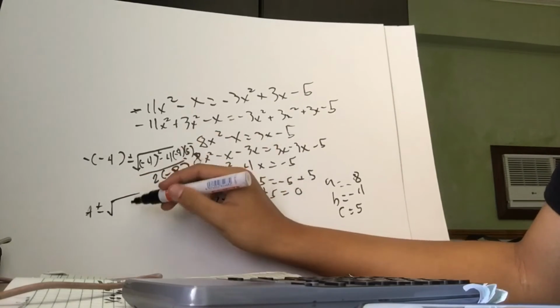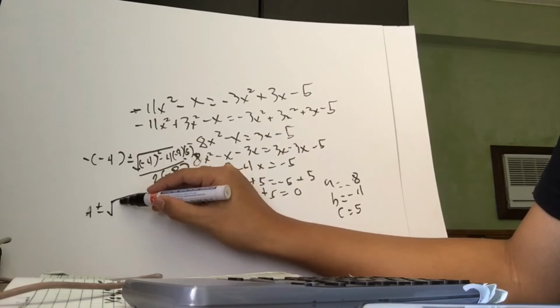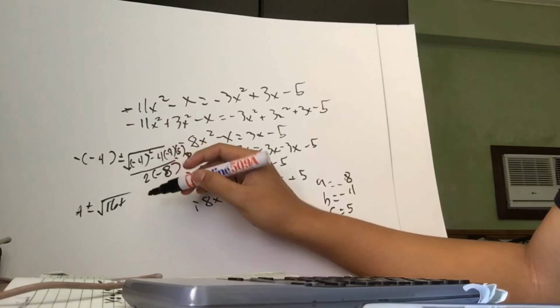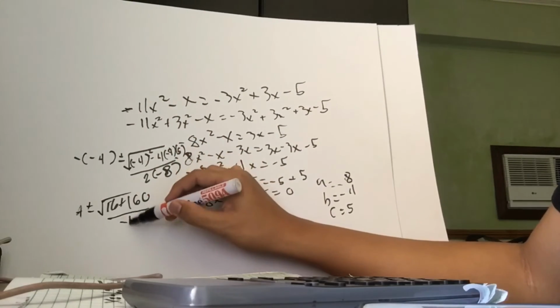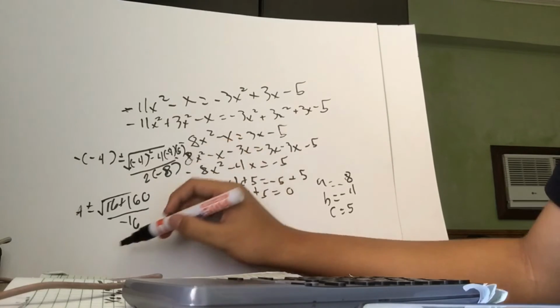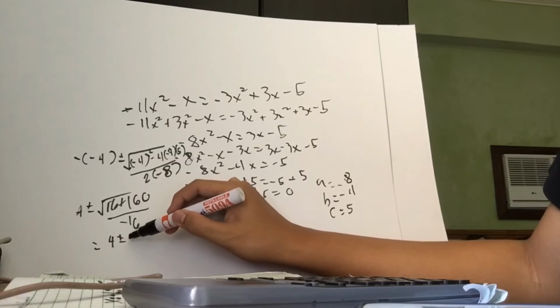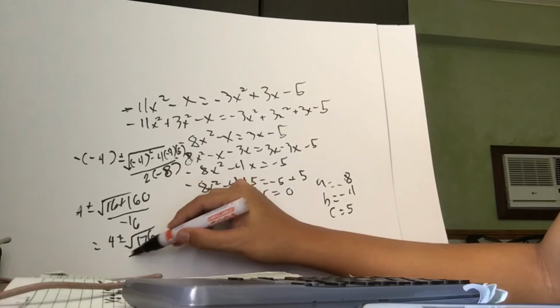The square root of 4, square root of 4 is 16. Then we get 160 over negative 16. When you add this, it becomes 176 over negative 16.